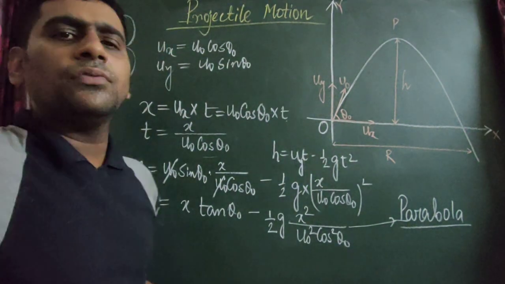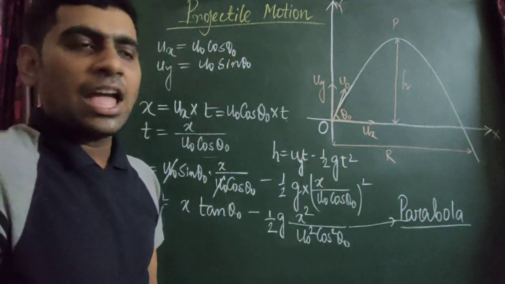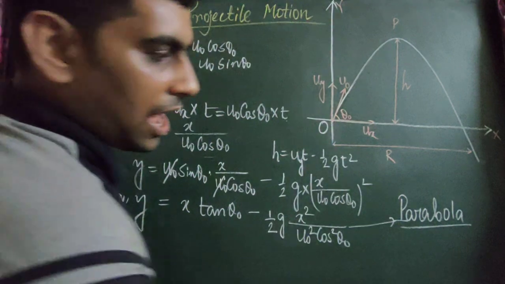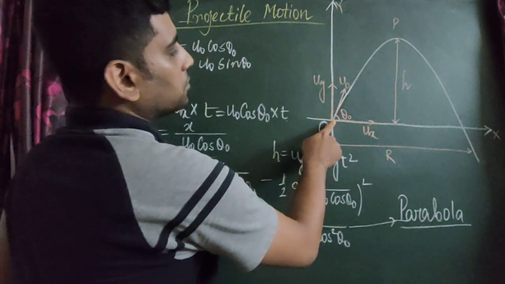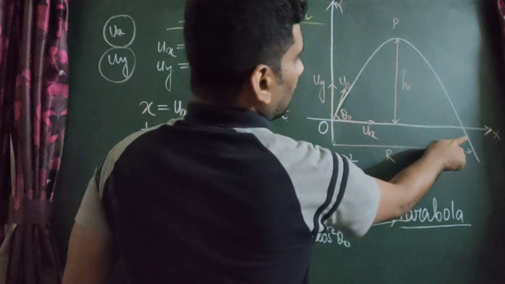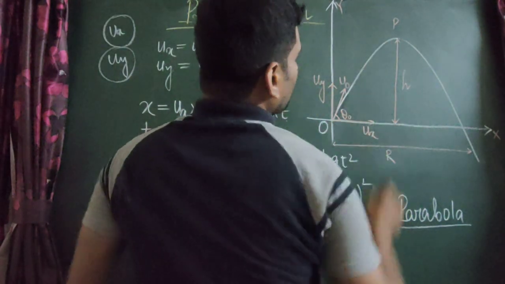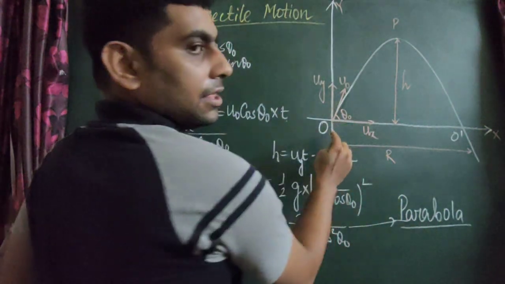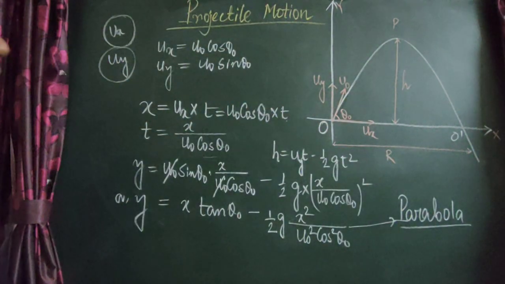Next, we will try to find out some terms related to projectile motion. To start with, we will find the term known as time of flight: the time taken by the object from where it started until it comes back to the ground. From O, and suppose this is O prime, the time taken by the object to start from O and reach O prime is known as time of flight.